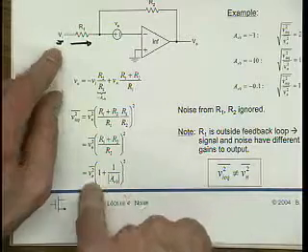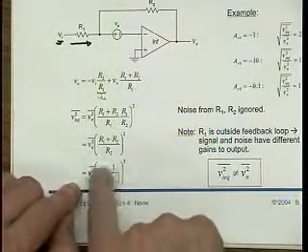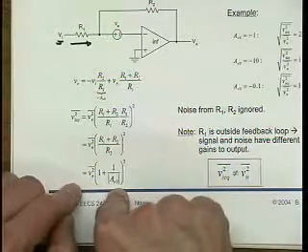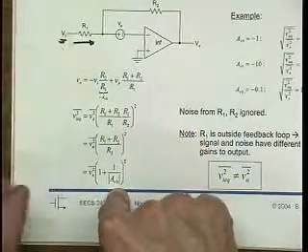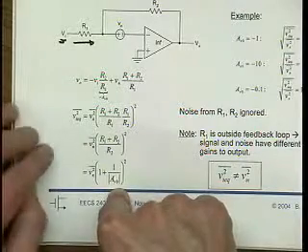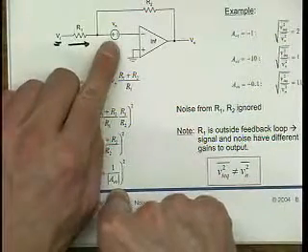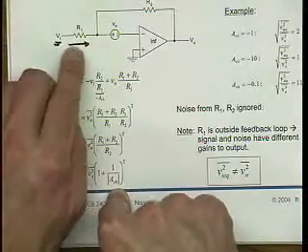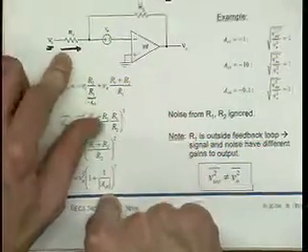Definitely this term is not 1, and consequently the input referred noise of the feedback circuit is different than the input referred noise of just the amplifier right here. And really the reason is that I have an element that is not technically part of the feedback circuit.